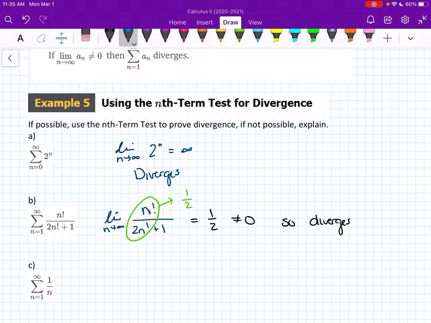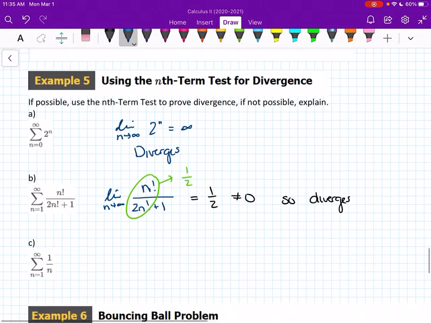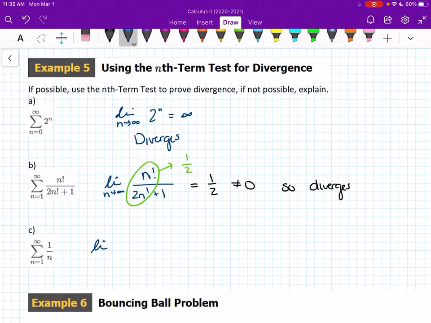Then the next one, we have 1 over n. And so the limit as n approaches infinity of 1 over n does equal 0. Okay, so we cannot make a conclusion about this. Okay, so we don't know, because our theorem says if the limit of the terms doesn't equal 0, then it diverges.